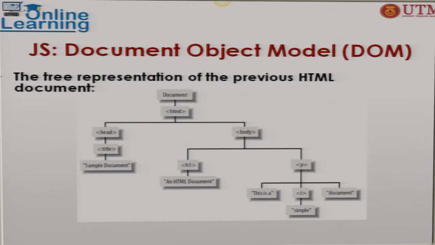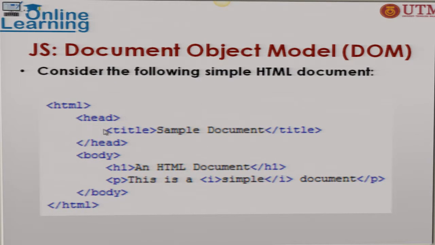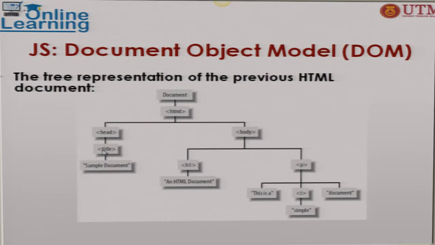Then you separate it into head and also body. Why? You can see from the program, you have head and then you have body here. Under head, you have title, so you have to include this node for head. The next node is for the title, because this title is inside the head tag.